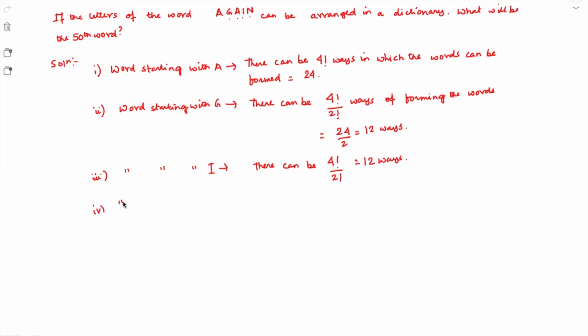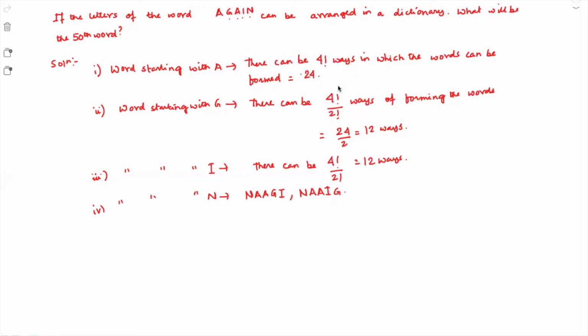Now, words starting with N. If we look at the dictionary and we have words starting with N, the second letter, if we go by what the dictionary tells us, will be A, third letter will also be A, fourth letter would be what comes ahead of this, which is G, then I. Then, according to the dictionary, the next word would be NAAIG.